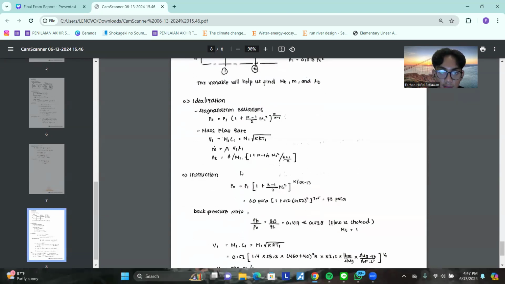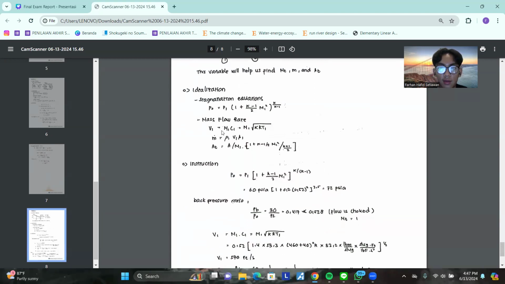The mass flow rate is simplified as m dot equals rho 1 times V1 times A1, where V1 equals M1 times C1 equals M1 times the square root of k times R times T1. And A1 per A star equals 1 per M1 times (1 + (k - 1) per 2 times M1 squared) per (k + 1) per 2, all to the power (k + 1) per 2(k - 1).